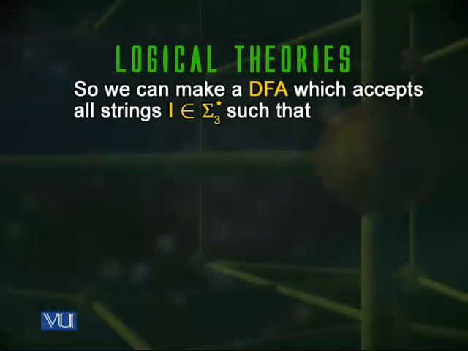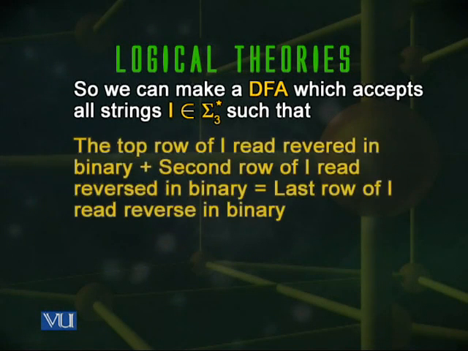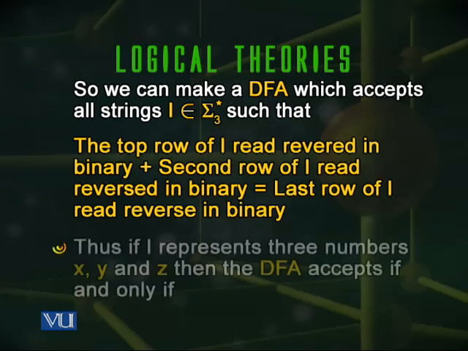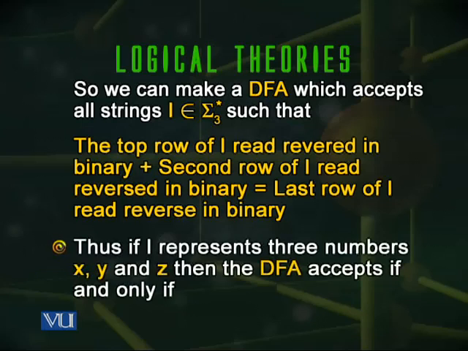So we can make a DFA that accepts all strings I such that the top row of I read in reverse binary plus the second row of I read in reverse binary is equal to the last row of I read in reverse binary. Thus, if I represents three numbers x, y, and z, then the DFA accepts I if and only if x plus y equals z.